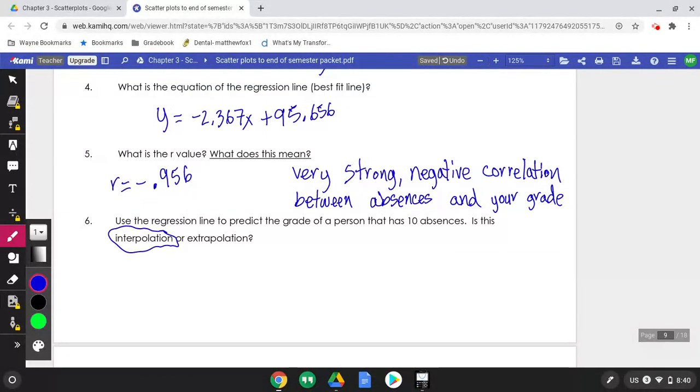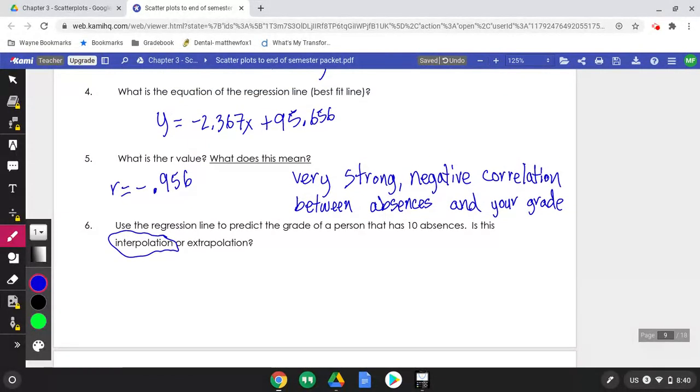Now, once again, all we have to do is plug in the 10. So y equals negative 2.367 times 10, plus 95.656. And then from here, all we have to do is run that through the calculator.